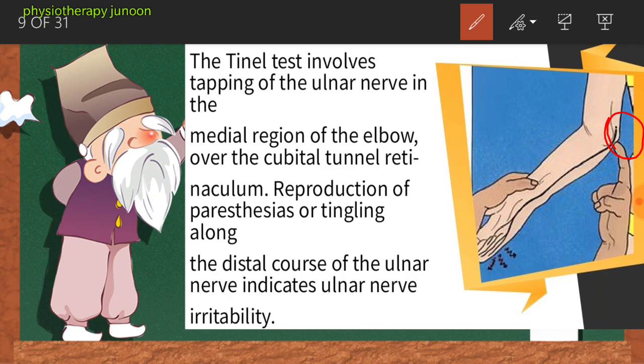Reproduction of paresthesias or tingling along the distal course of the nerve indicates ulnar nerve irritability.